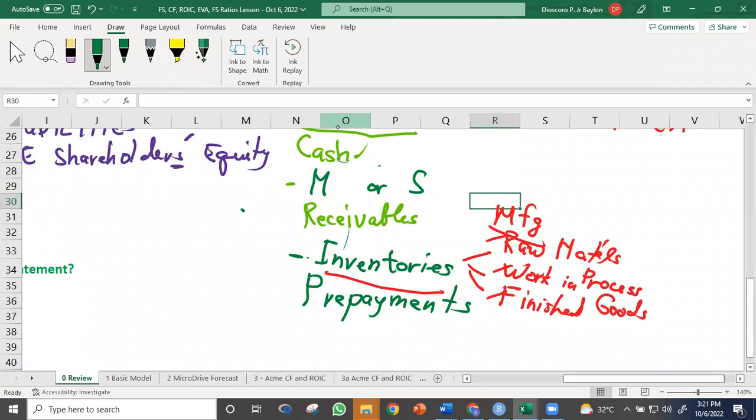And then we have receivables, inventories, and prepayments. What's this? Anyone? Any guess, class?